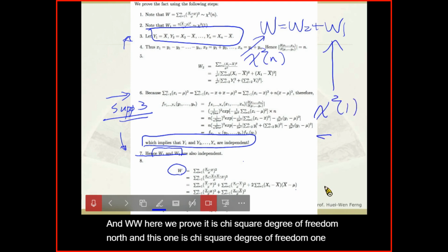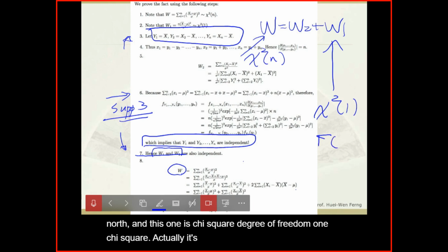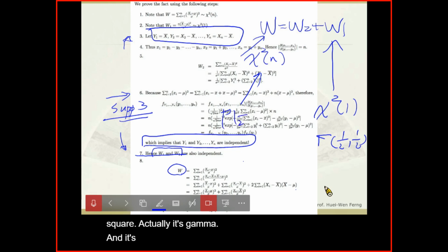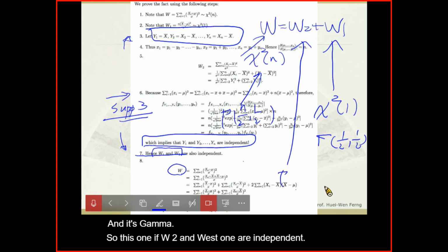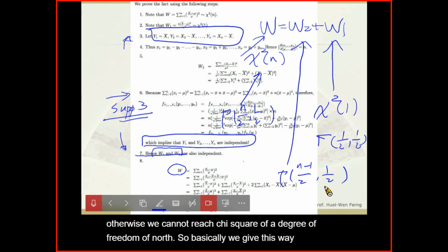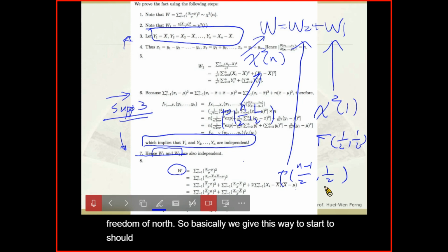Chi-square actually is gamma. And this is gamma. So for this one, if W2 and W1 are independent, then W2 is chi-square with degree of freedom n minus 1, or otherwise we cannot reach chi-square of degree of freedom n for W. So this way, we prove W sub 2 should be chi-square with the degree of freedom n minus 1.